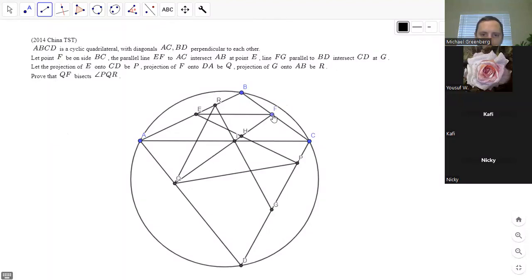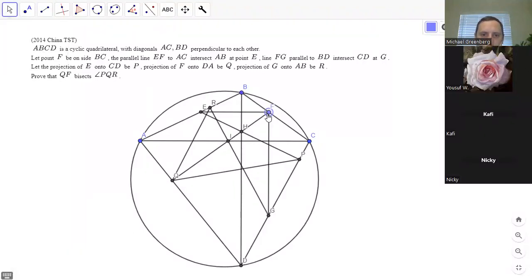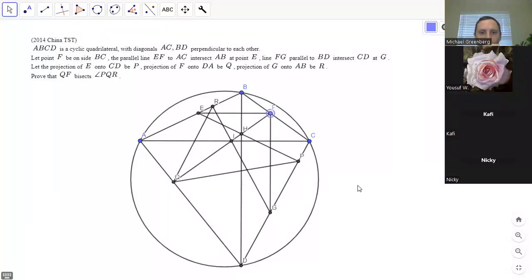Q. All right. This looks kind of like Blanchet's theorem, yeah.